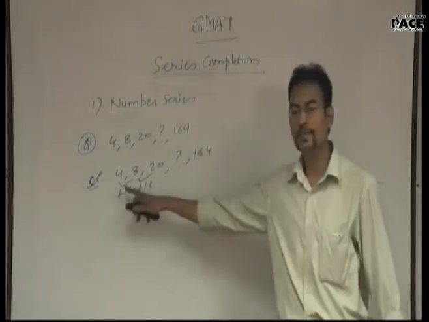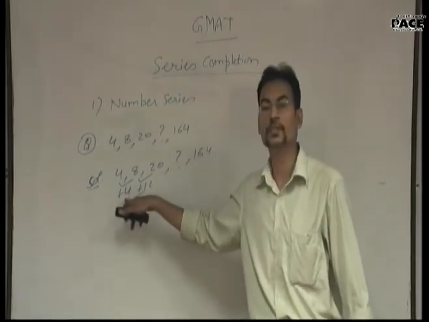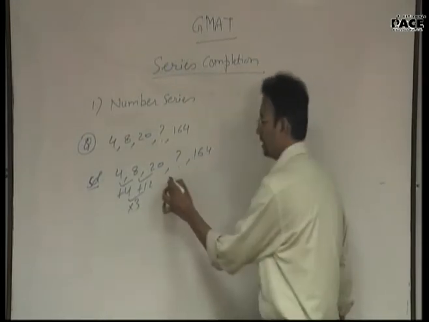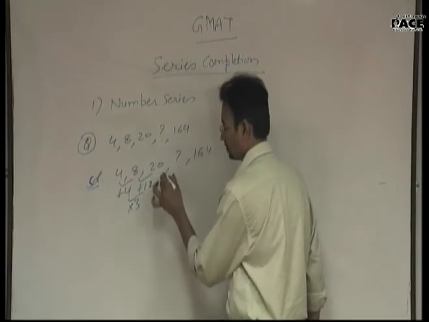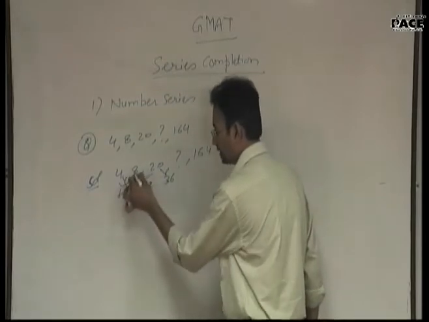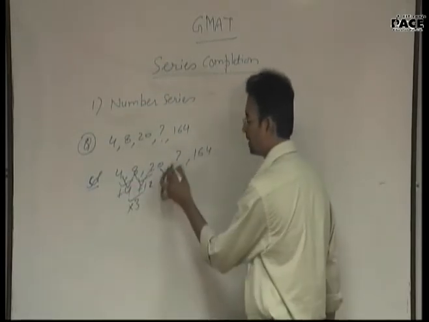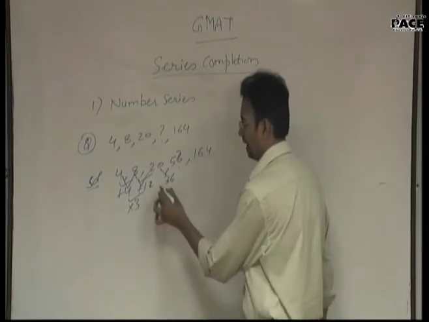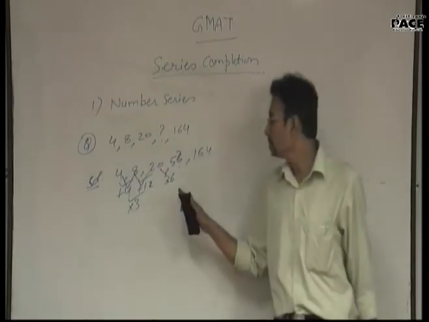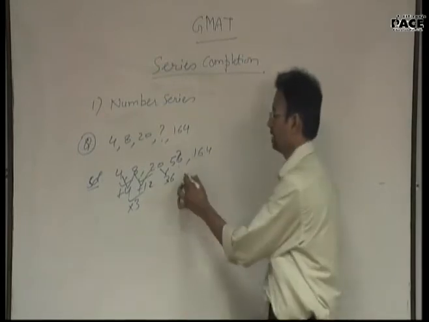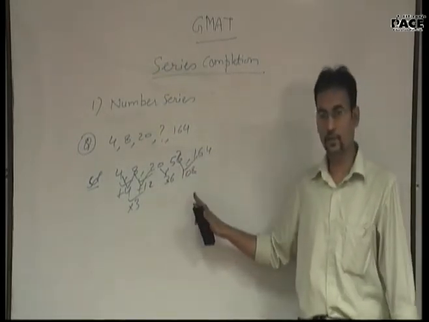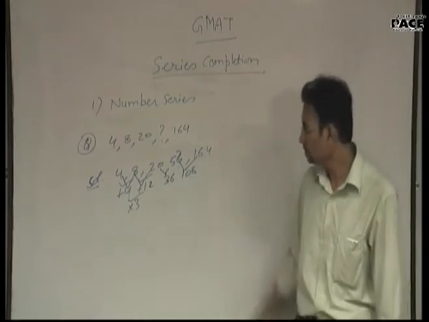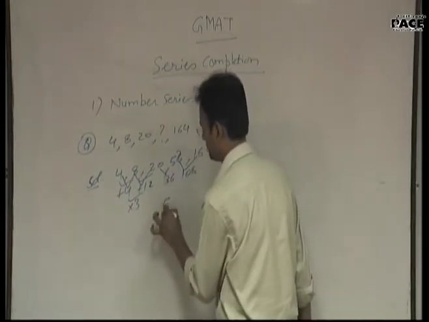This 12 is 3 times the previous difference. So can we take 3 times this difference? That is 36. So we add this: 20 plus 36 is 56. And again, 3 times 36 is 108, which is the required difference we were looking for. So the answer is 56.